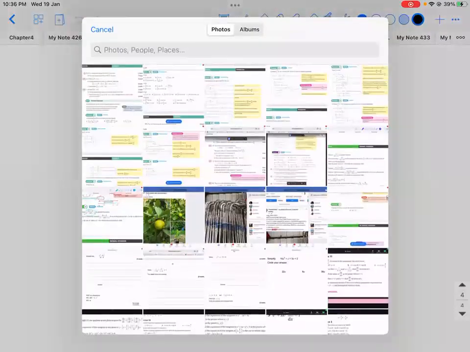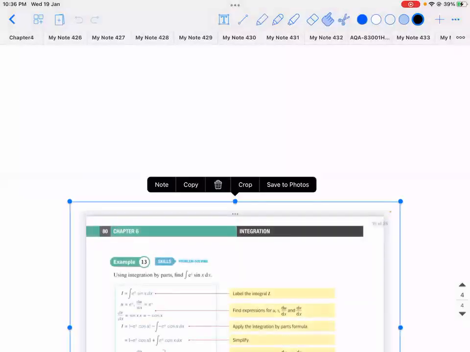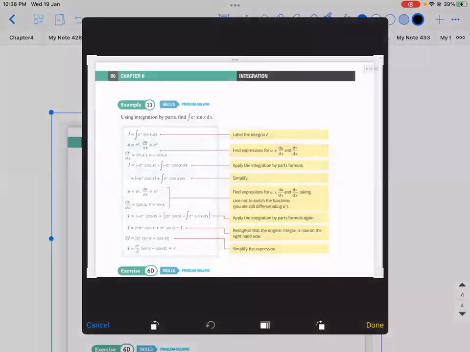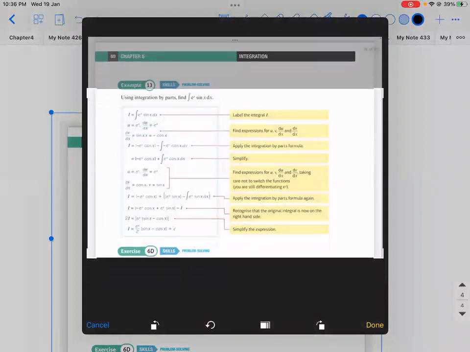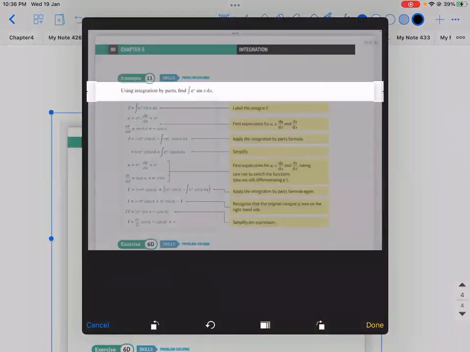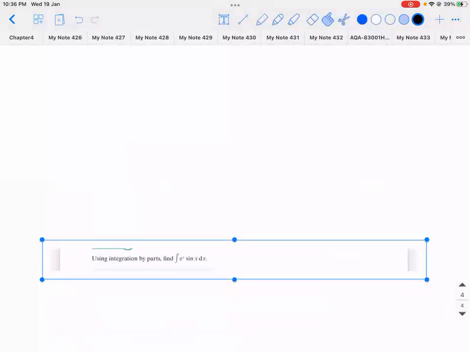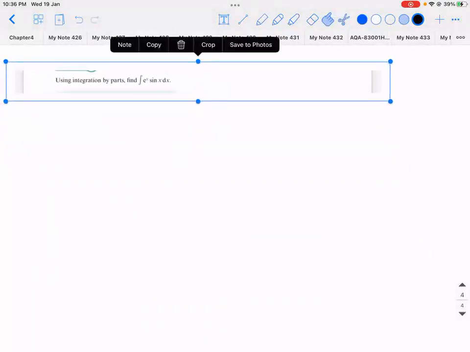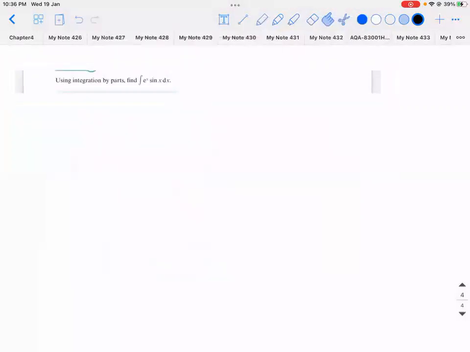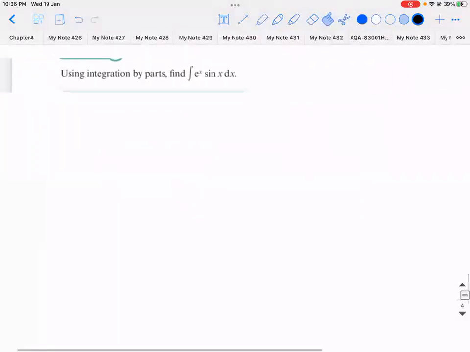Let's see one such question. Suppose, for example, the question is something like this, like the questions that start with e raised to x sin x, or integral of e raised to x cos x. Such kind of questions, how are we going to apply the concept of integration by parts?